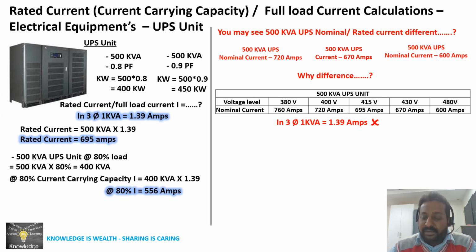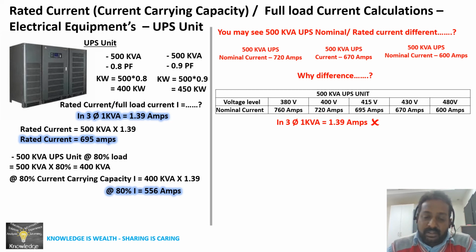If you give 480 volts to the UPS input, other equipment which is rated only for 430 or 440 volts maximum will blow out. So practically it is not feasible to give a UPS input voltage of 480 volts. That is why they make the calculation for different voltages.